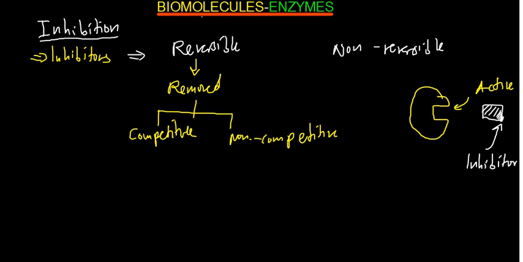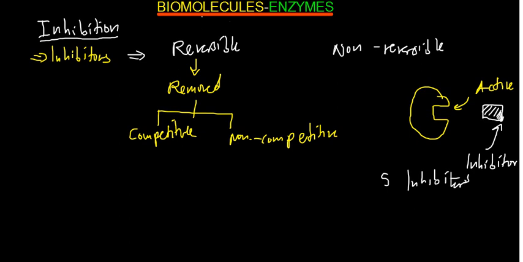This inhibition can be reversed when the concentration of the normal substrate is increased in relation to the concentration of the inhibitor. Remember, let's say you have 5 inhibitors competing for the same active site with substrates.